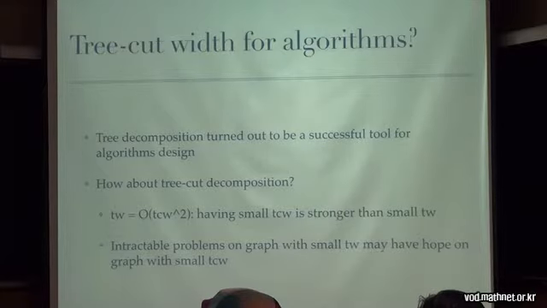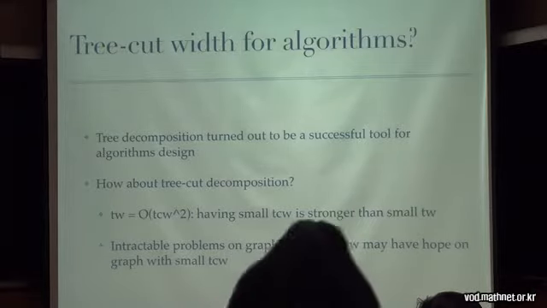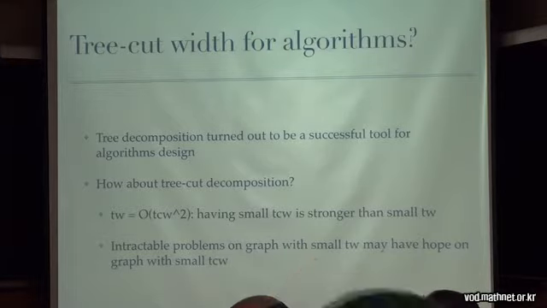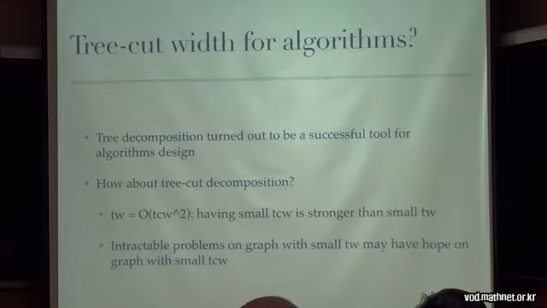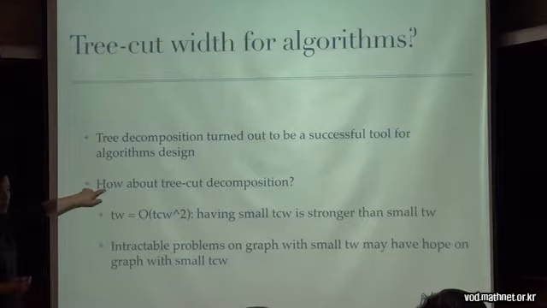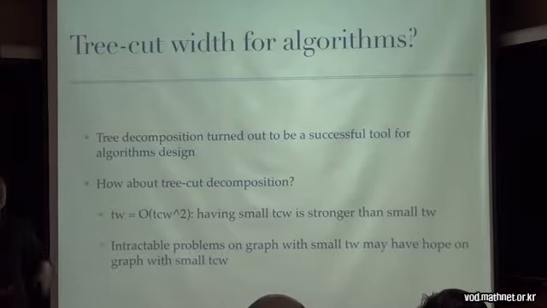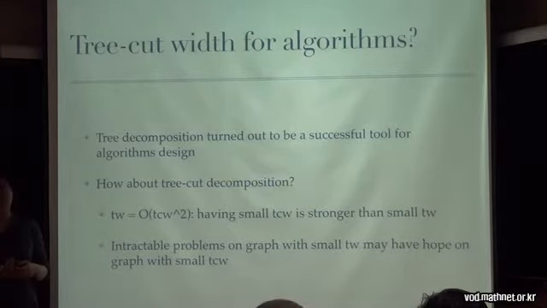So the next question is, we have defined the tree cut width, and does having small tree cut width help to design efficient algorithms? We know that having small tree width is good for faster algorithms when the problem is intractable in general. So how about tree cut decomposition? Before you start to design algorithms on small tree cut width graphs, you need to know that this makes sense.